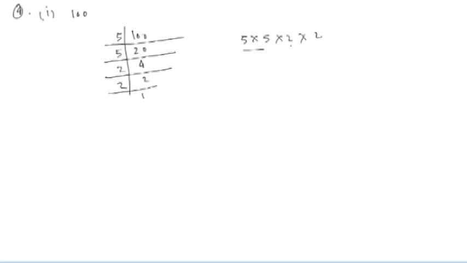Both are in pairs, so it is a perfect square of 10. Means 100 is a perfect square number.